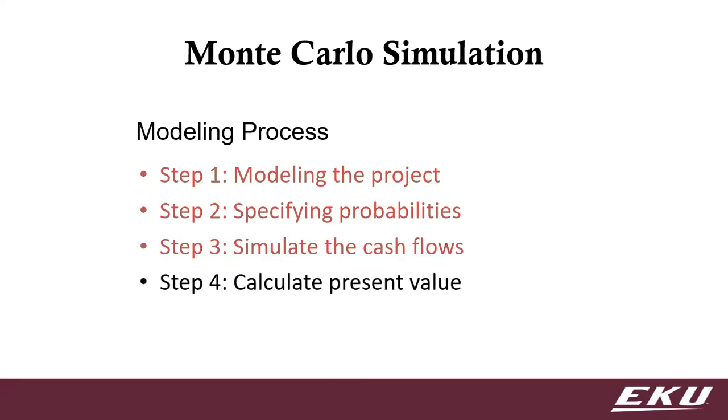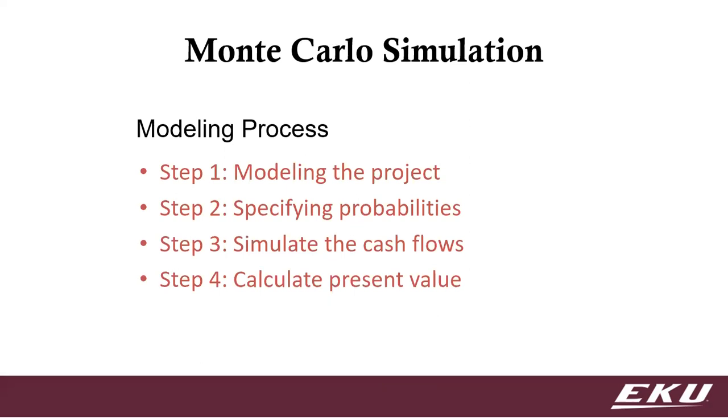And then based on that, we can calculate what the present value is, right? And the beauty of the Monte Carlo simulations is you can run thousands, tens of thousands, hundreds of thousands of simulations. And this helps you understand the sensitivity that you have to different things.